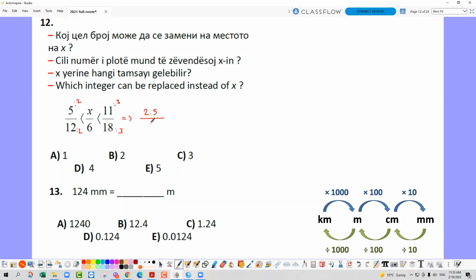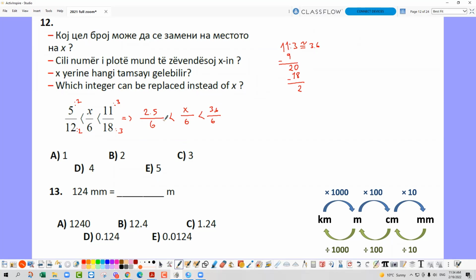And 12 divided by 6, it's going to be less or equal to x over 6, less or equal to 11 divided by 3. 11 divided by 3: 3 times 3 is 9, subtract, it is equal to 2. 2 is not divisible by 3, so we add a decimal point, and in 20 we have 6 times 3, which is 18, and 2 is going to repeat, 6, 6, 6, it's going to continue. So it is approximately 3.6, divided by 6.